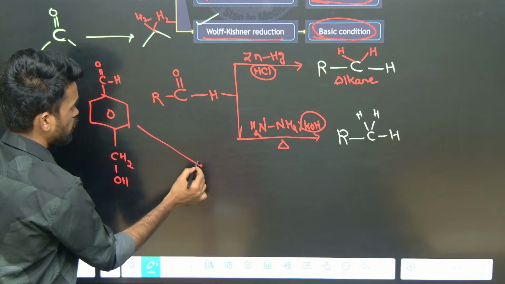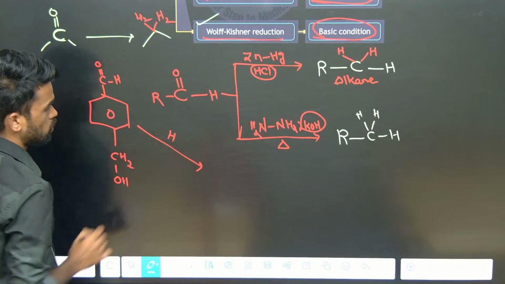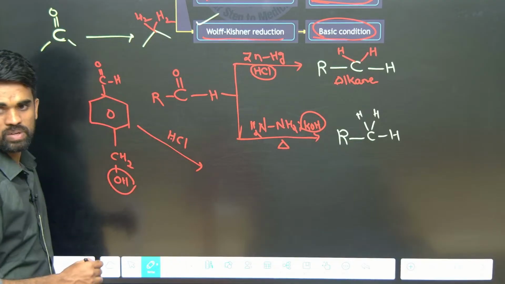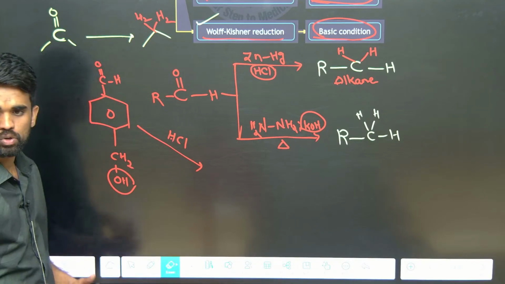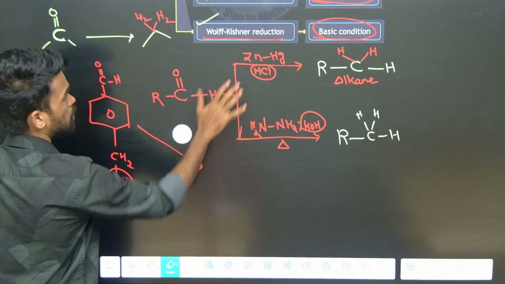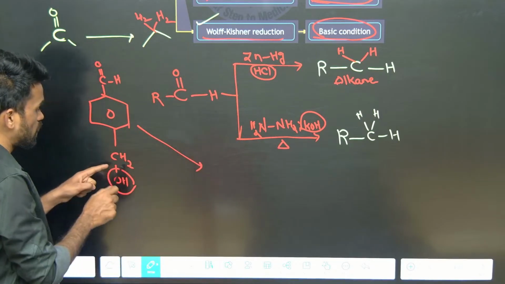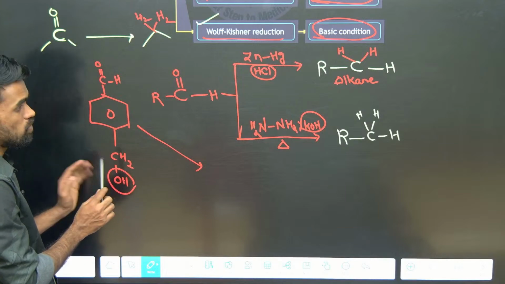If I add an acid here, what happens if I use HCl? The OH and H plus will react. So that is an acid sensitive group, and I should not use Clemmensen reduction here. I can go with Wolff-Kishner reduction so that it will not get disturbed. It will remain as such.